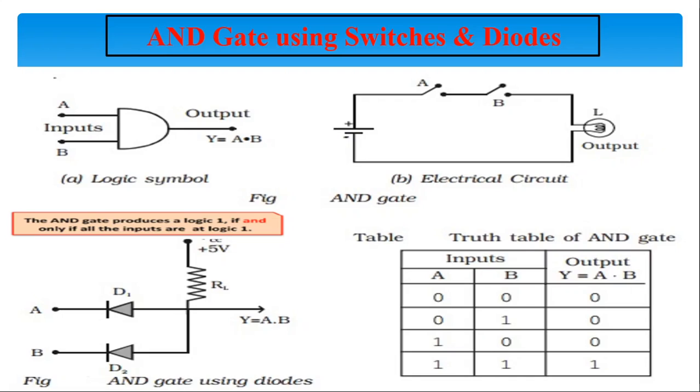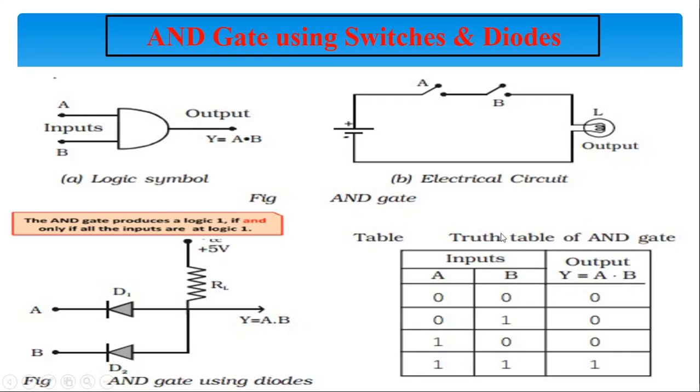Thus, if any one or both inputs are at logic 0, then the AND gate produces logic 0. The output of an AND gate is high only when all of its inputs are in the high state.